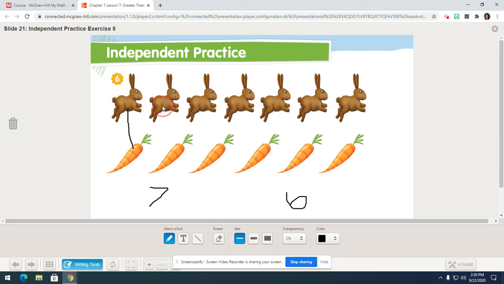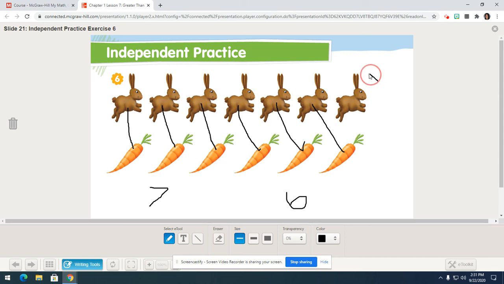1, 2, 3, 4, 5, 6. Go ahead, you do it and count. 1, 2, 3, 4, 5, 6.